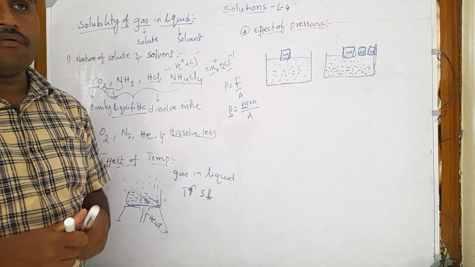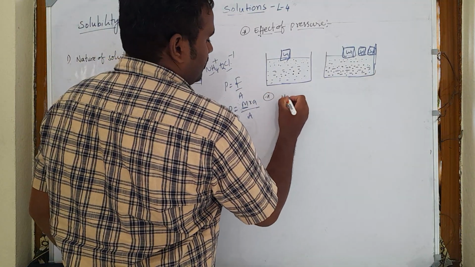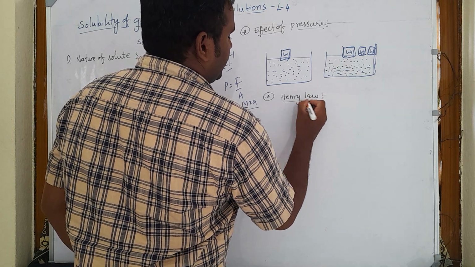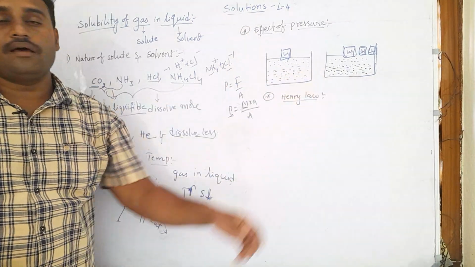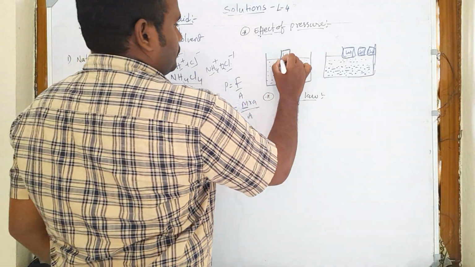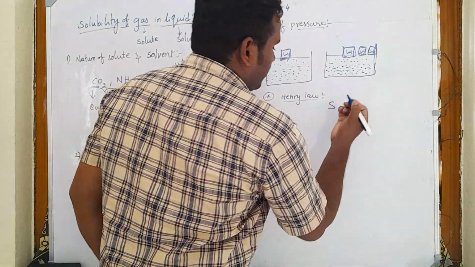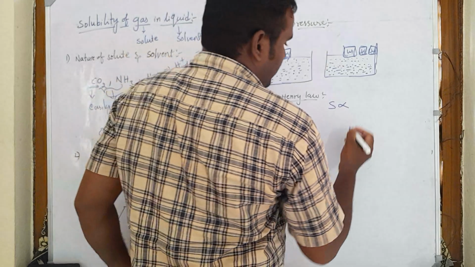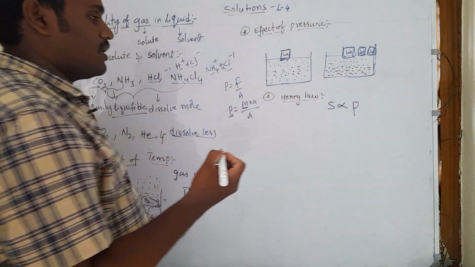Here we have one law, called Henry's law. Henry's law gives a quantitative relationship between the solubility of gas in the liquid and the pressure. The solubility of a gas is directly proportional to the pressure of the gas.